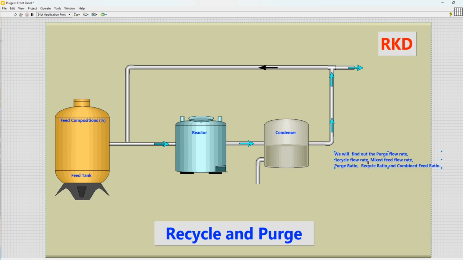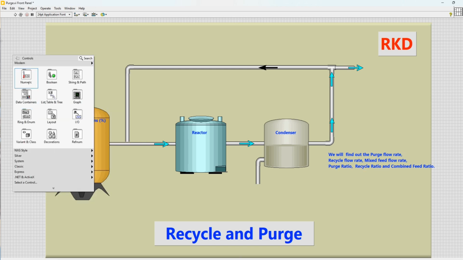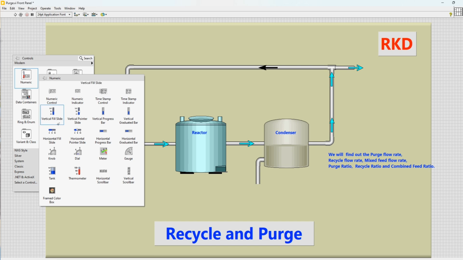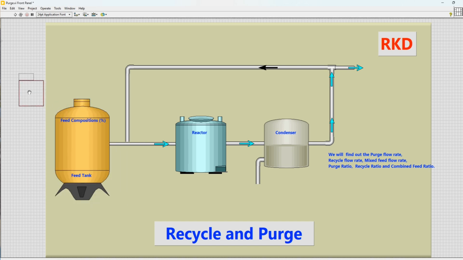Okay, so for that we need some initial values. So we will give some initial values. This is a cluster of data.